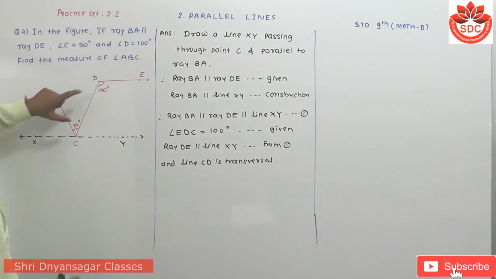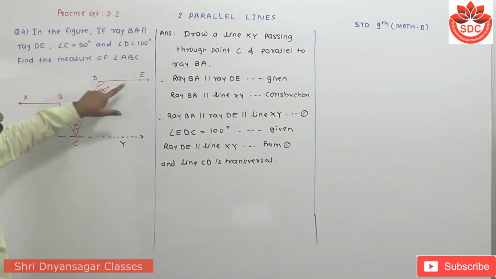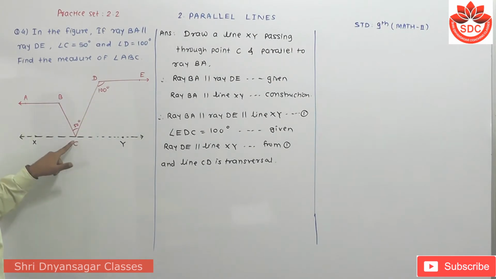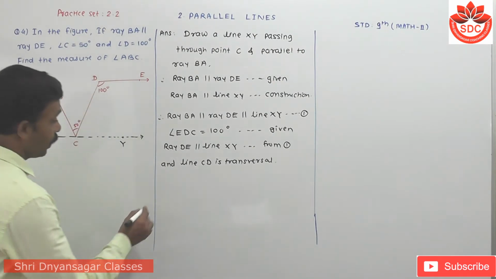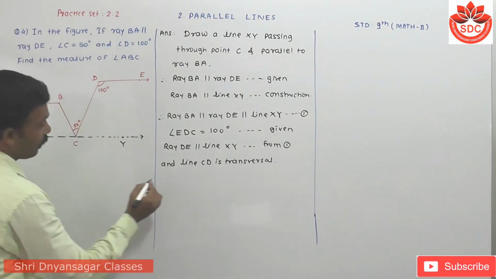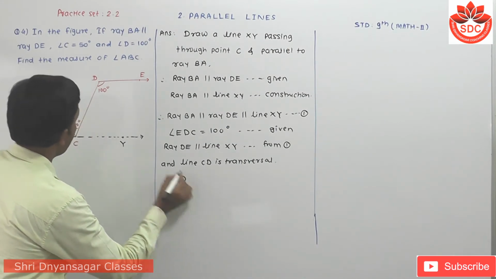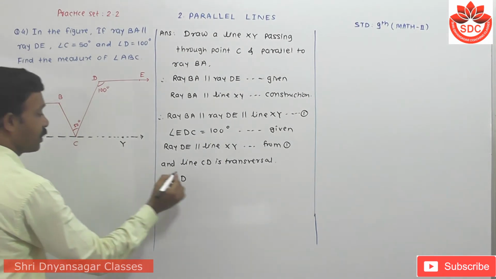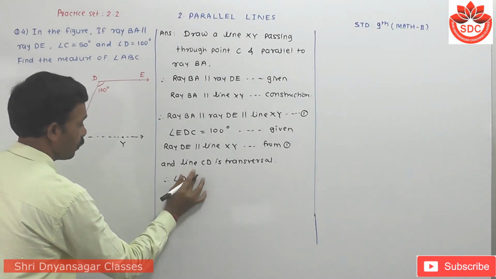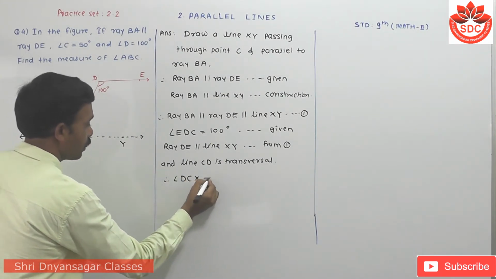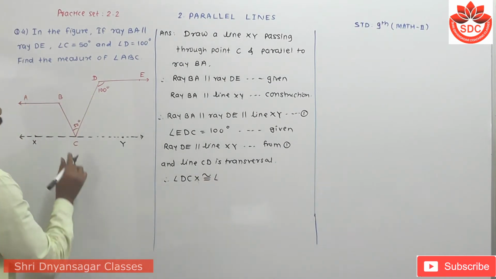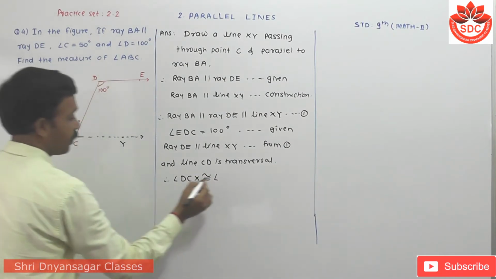Then these two angles, angle EDC and angle DCX, are congruent because they are alternate angles. Therefore, angle DCX is congruent with angle EDC.